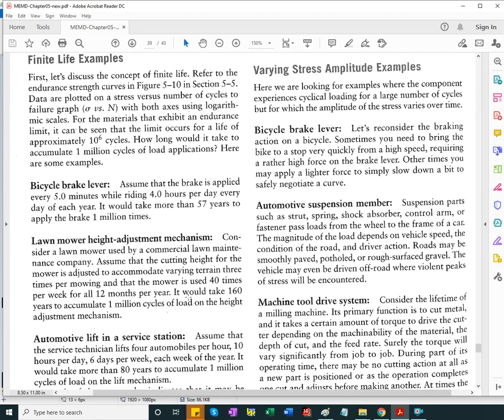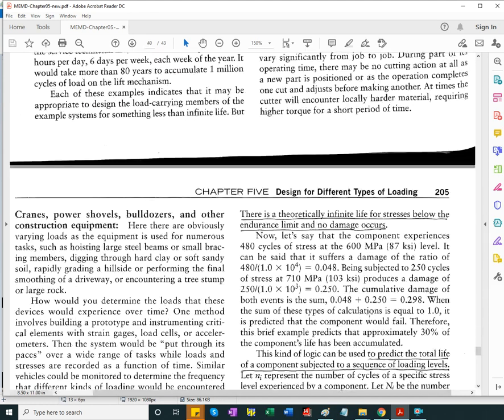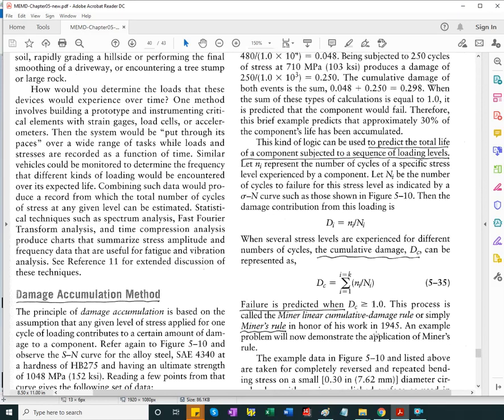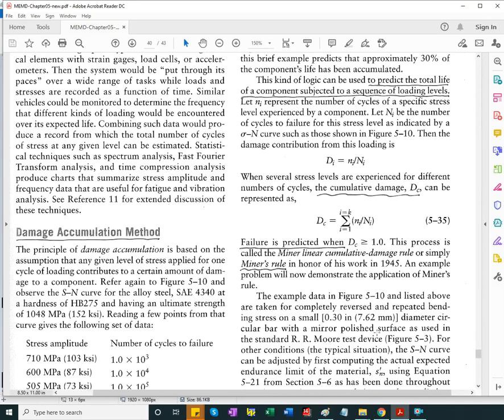You can have components of a machine operating at different load levels for different amounts of time, and the assumption is that these damages accumulate and affect the material according to this equation.